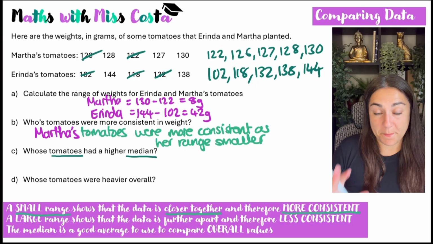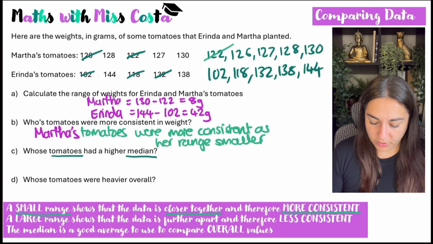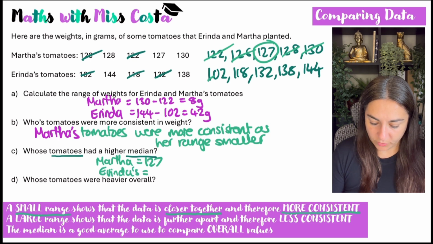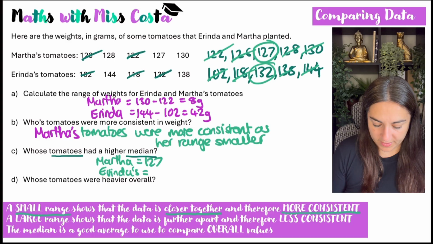Okay, so the median is the middle value. So cross, cross, cross, cross the median for Martha. And we're going to do it the right way now. So Martha's median is 127, and Irinda's median is cross, cross, cross, cross 132.